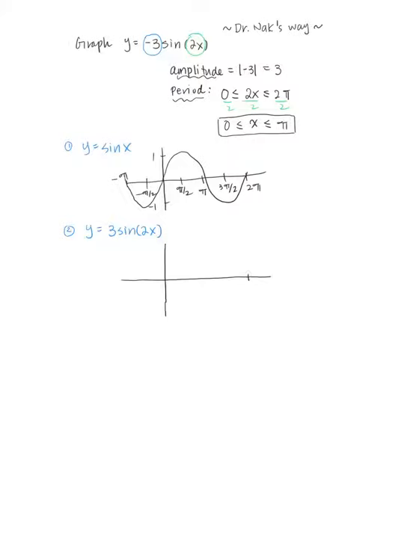So this point is just going to be pi. And then, that means this point, halfway, will be pi over 2. Half of that will be pi over 4. And then this point right here will be 3 pi over 4. So here you're going to have negative pi over 4. And instead of a negative pi, you're just going to have negative pi over 2.